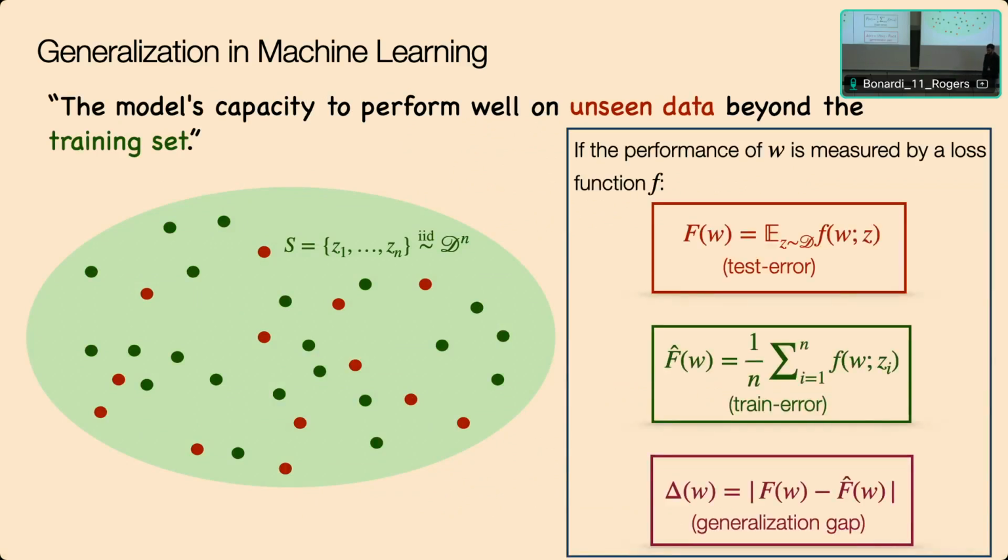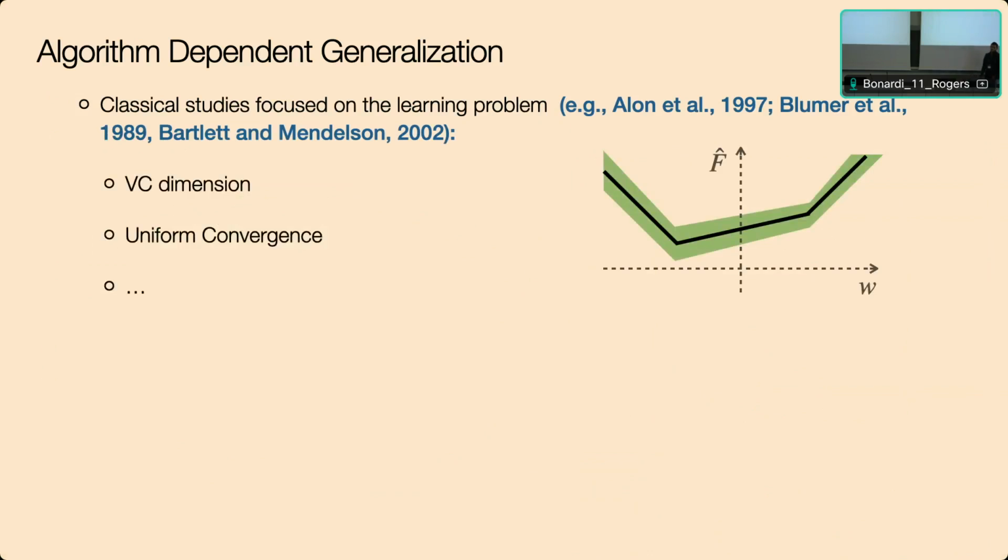If the training set was sampled from a distribution D and the performance is measured by a loss function f, we are interested in minimizing the test error, which is the expected loss with respect to the distribution D. And two other objectives that I will mention in this work are the train error, which is the average loss with respect to the examples in the training set, and the generalization gap, which is the difference of both.